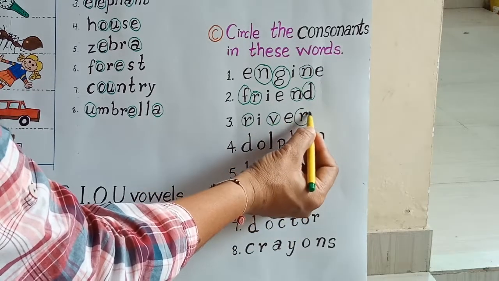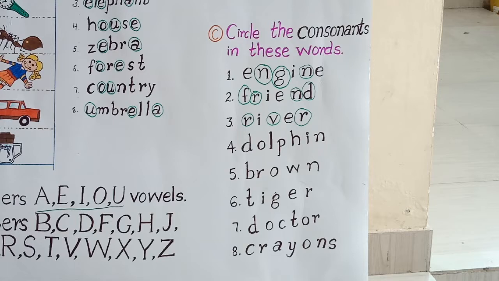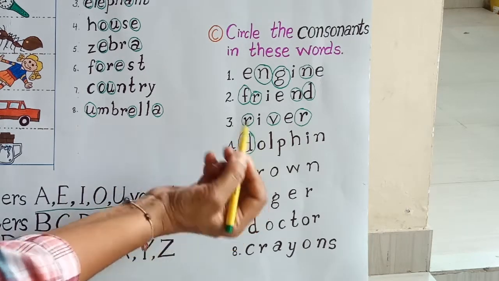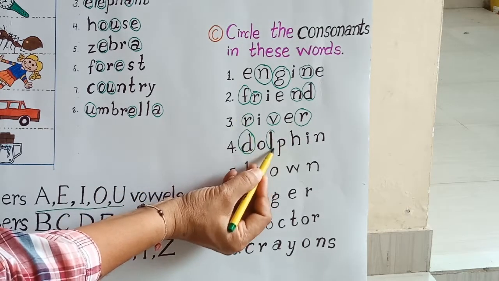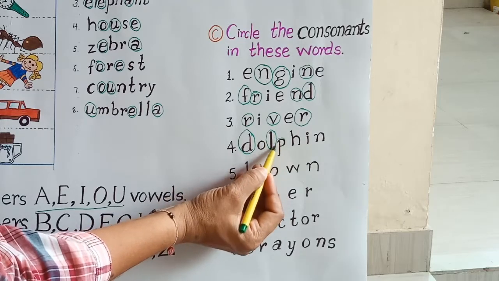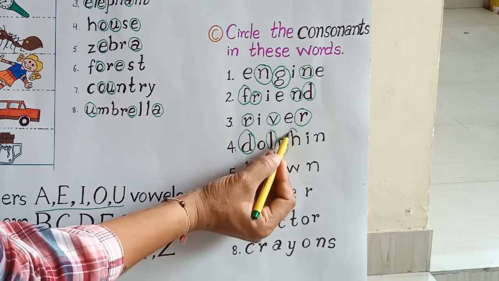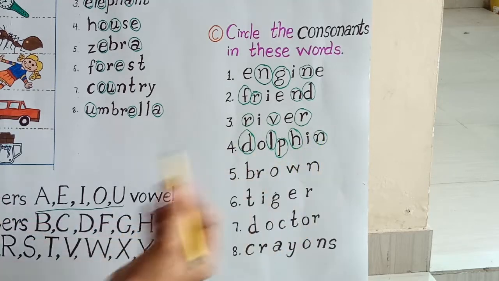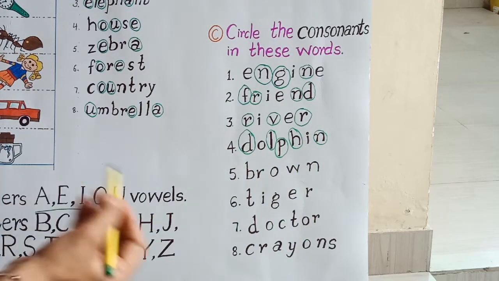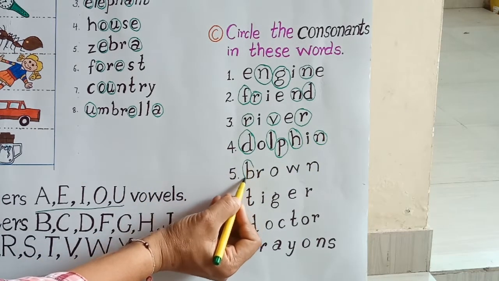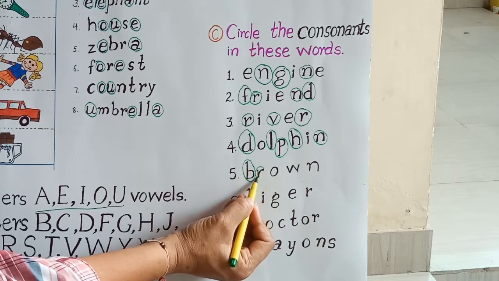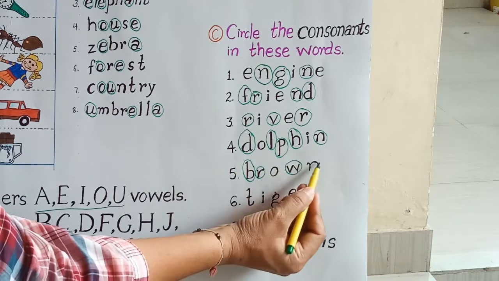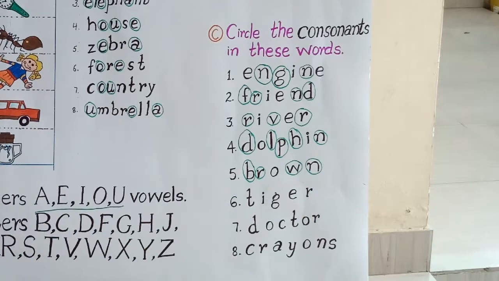R is consonant. Number 4. D is consonant. O is vowel. L is consonant. P is consonant. H is consonant. I is vowel. N is consonant. Number 5. B is consonant. R is consonant. O is vowel. W is consonant. N is consonant.